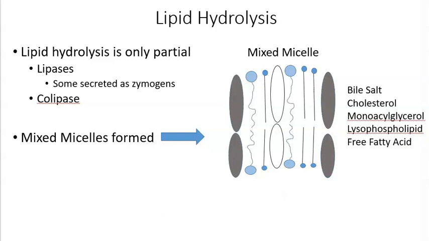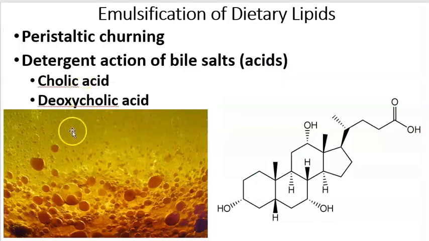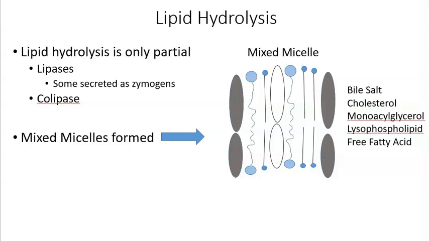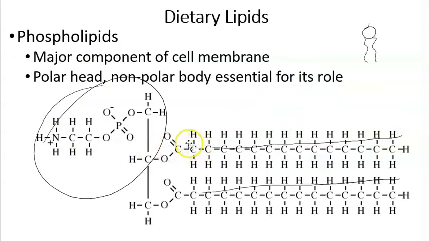And lipids, when they're broken down into these smaller bits, are stabilized in these mixed micelles. So we have cholesterol, we have bile salts in here, we have monoacylglycerols, lysophospholipids, free fatty acids. So we have lipid hydrolysis. I mentioned earlier, in a different lecture, we can hydrolyze this bond and break off a free fatty acid.